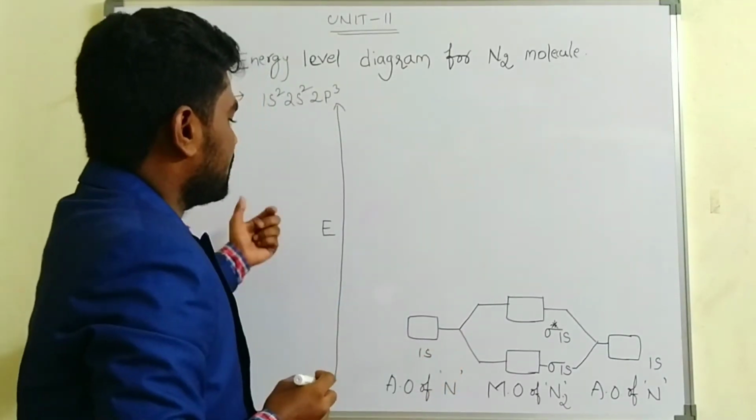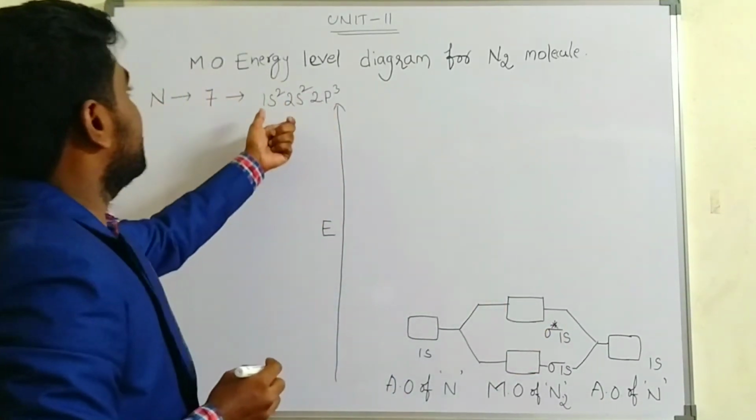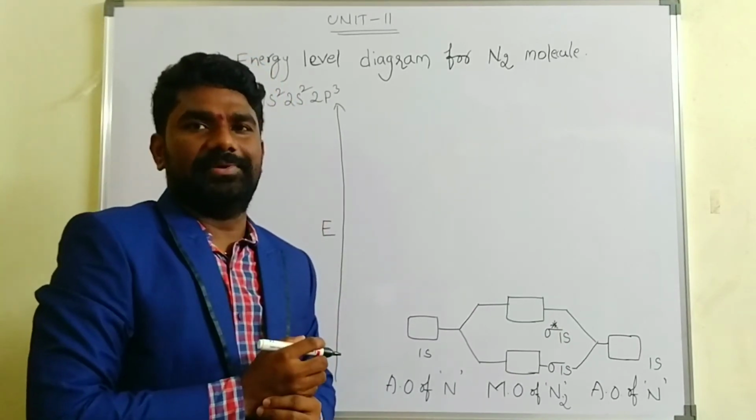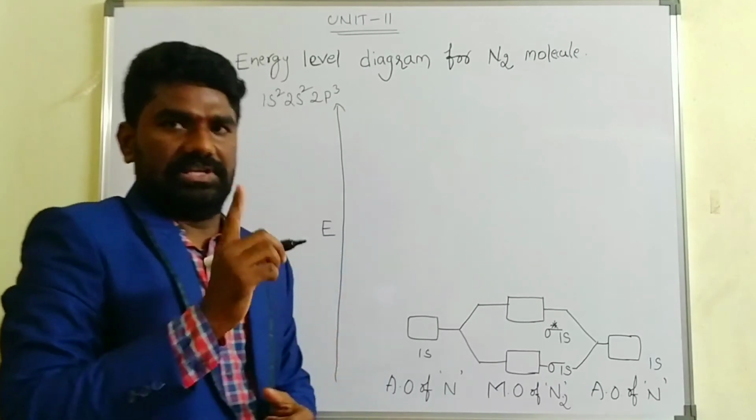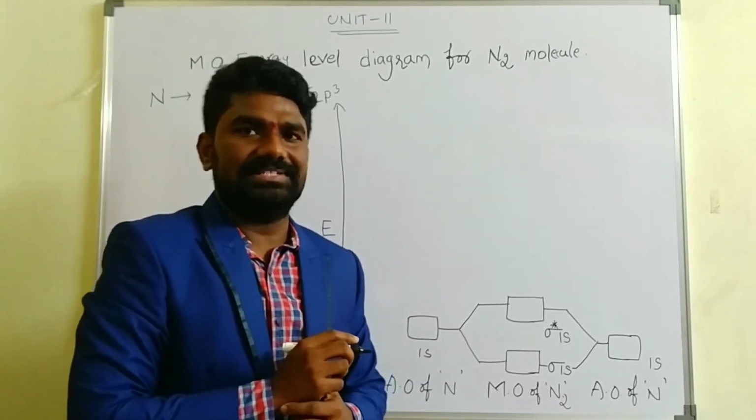And after completing the 1s orbital, here we have the 2s orbital, isn't it? And the 2s orbital is also an s orbital, meaning only one orbital, isn't it?